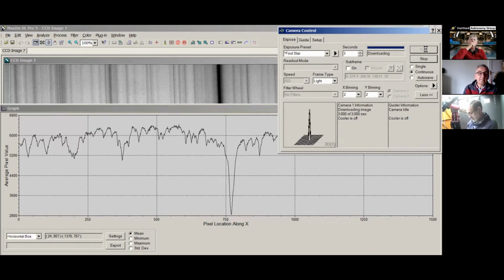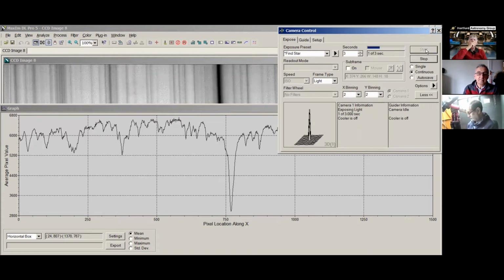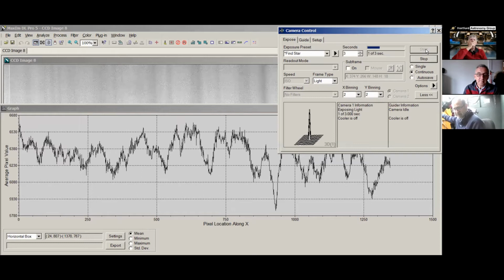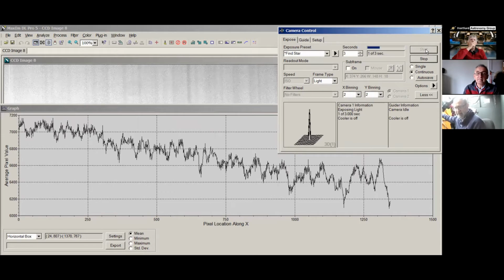Next up is the sodium doublet. So we'll just start the process of winding the micrometer along. Fortunately, these lines are very distinct, and you can't really miss them.